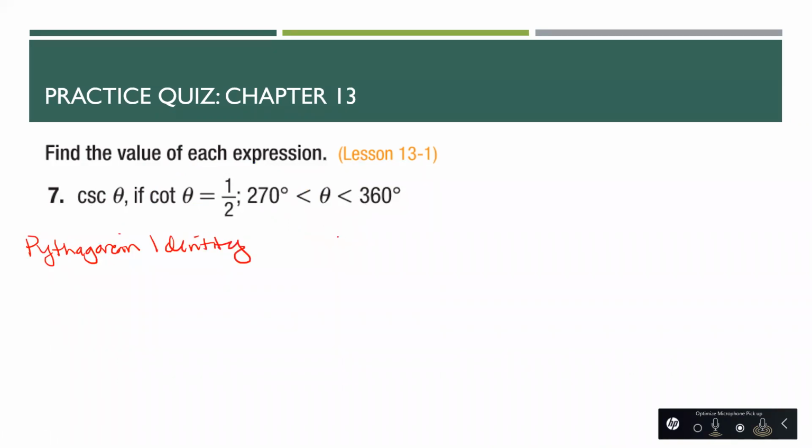Since we have cosecant and cotangent, we're using cotangent squared theta plus 1 is equal to cosecant squared of theta. Okay, and these again are on page 873 of your textbook.